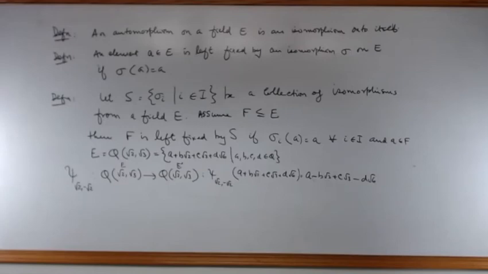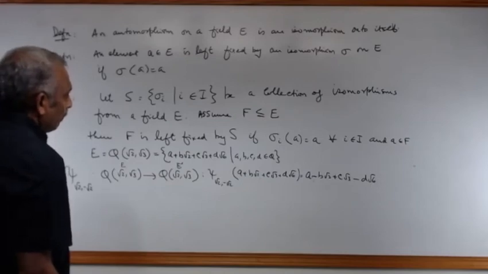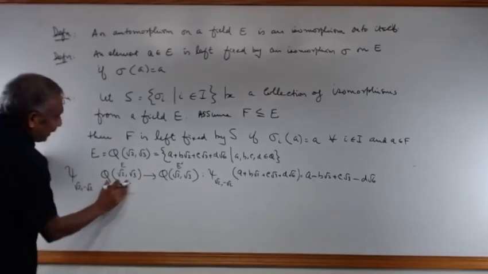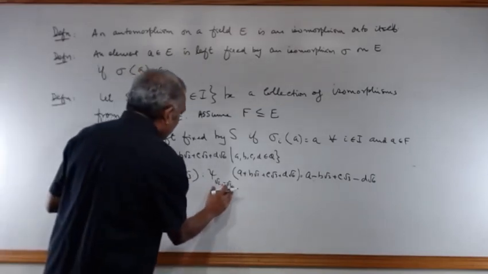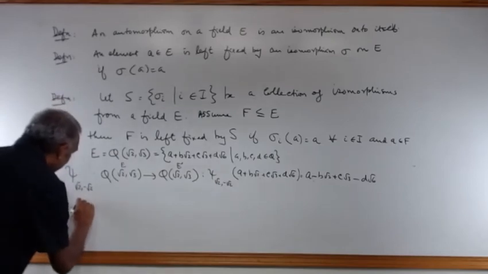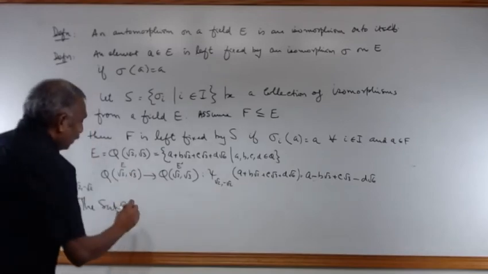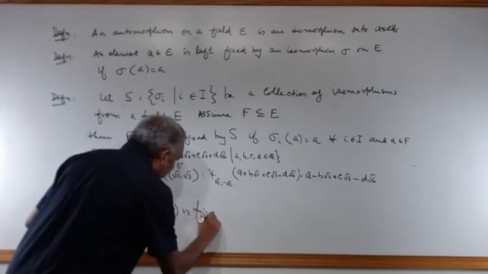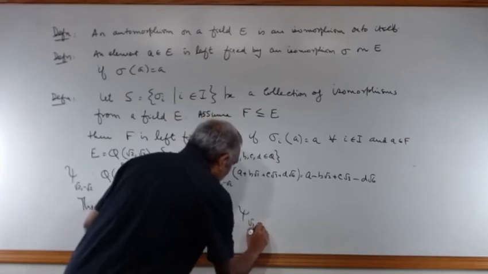So there is a subfield of this that is fixed by this isomorphism. The subfield Q of root 3 is fixed by psi of root 2 comma minus root 2.